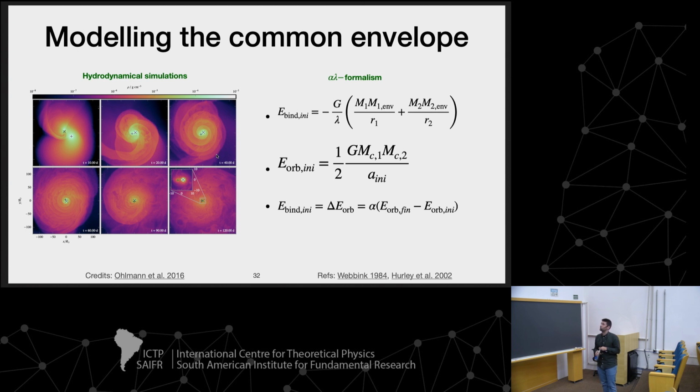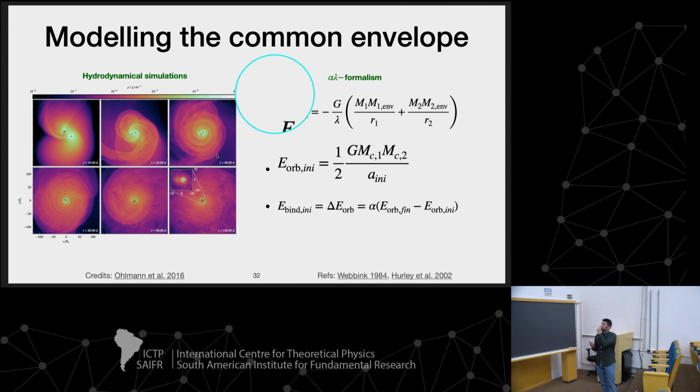And I'm going to tell you what you do. Basically, you have the binding energy of the envelope of one star with the core. What you want to equate is the binding energy of the common envelope and the loss of orbital energy of the binary system.